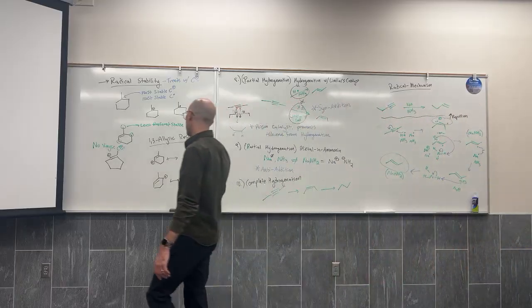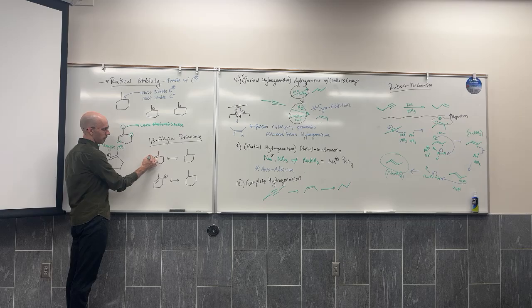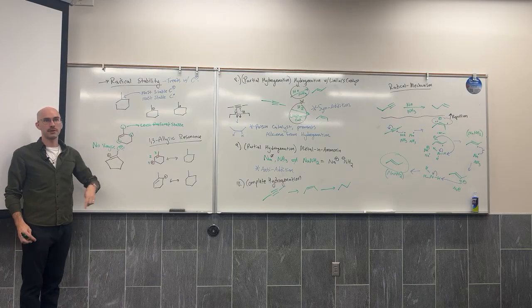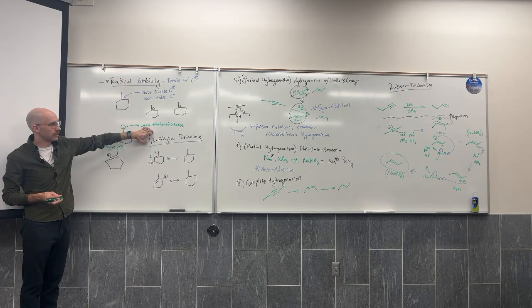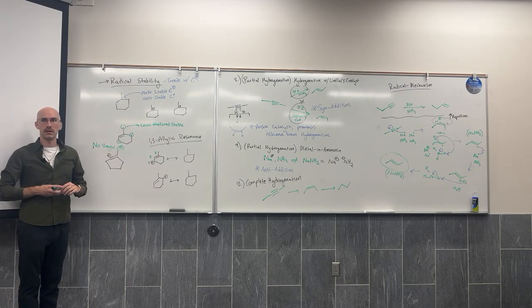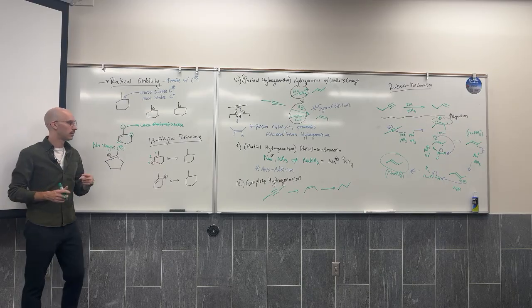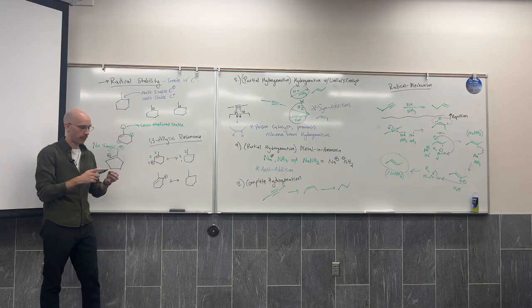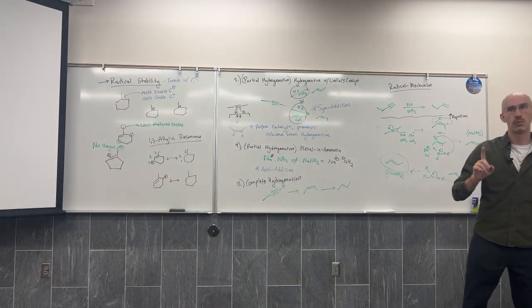If our first resonance form has the charge at 1 and the pi bond at 2 and 3, what I want you to use this 1,3 allylic resonance for is to say the charge was on 1. Now the charge will be on 3. The charge is split between 1 and 3.